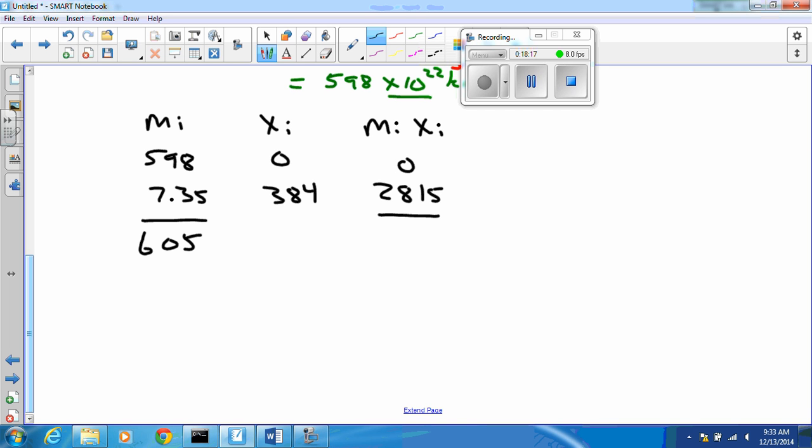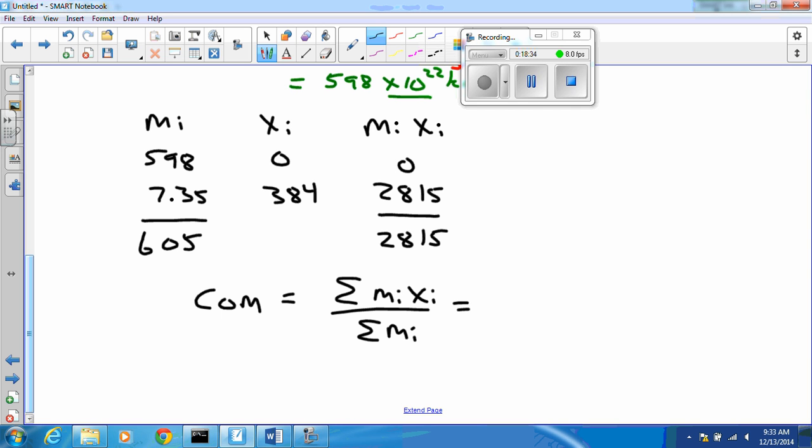Add up the total masses, giving 605. Notice that I round off because the mass of the Earth doesn't have decimal points given here. And the total mass times position is 2815. And now we compute.